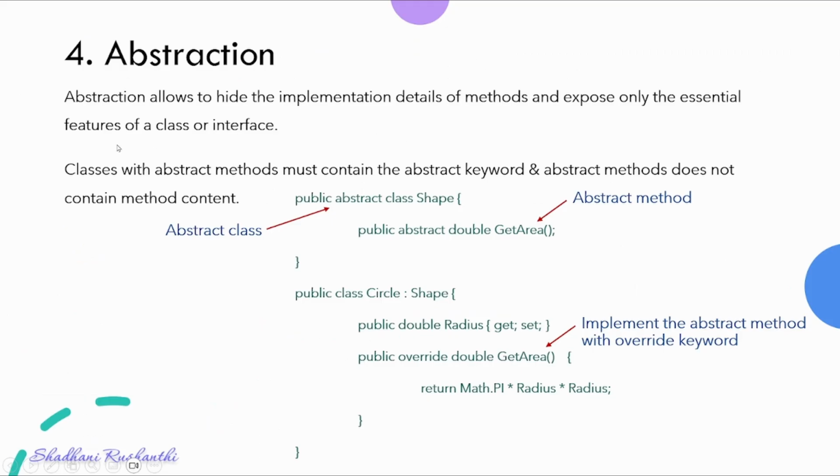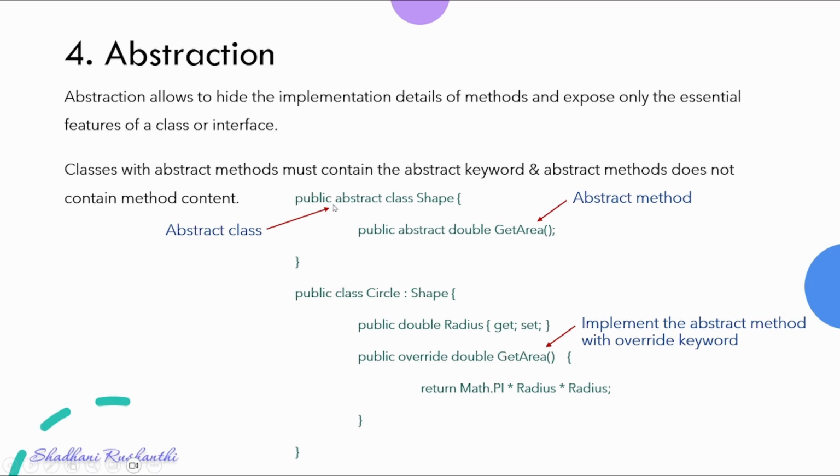The fourth principle in object-oriented programming is abstraction. The basic idea of abstraction is that it allows you to hide the implementation details of a method and expose only the essential features of a class. For example, you can define a class as an abstract class.